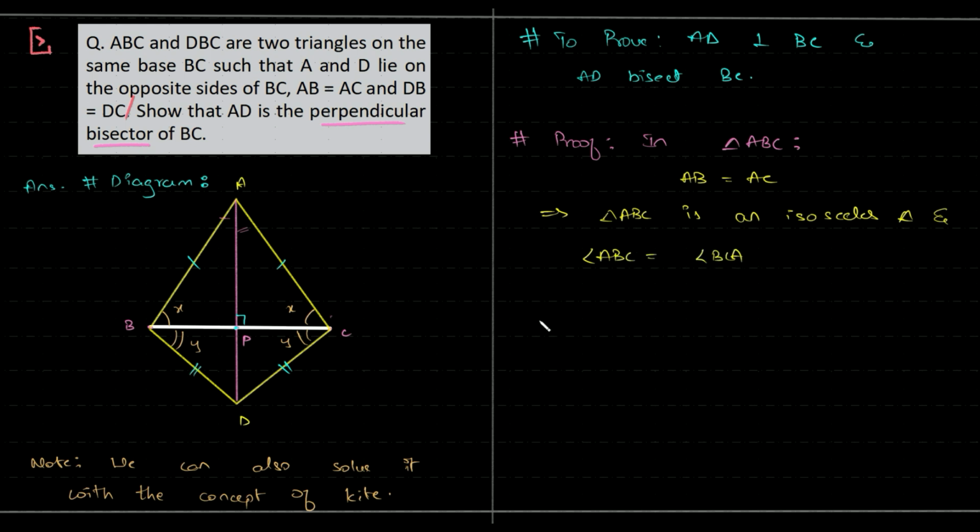Next, let angle ABC be equal to X. This implies angle BCA is also equal to X. This is from 1.